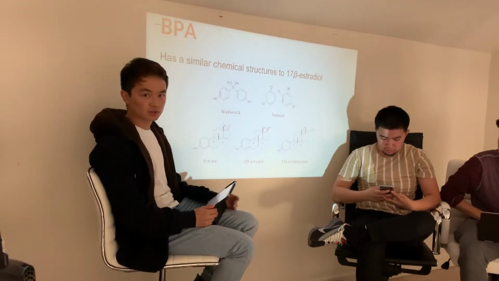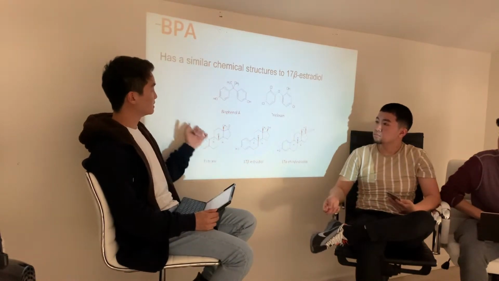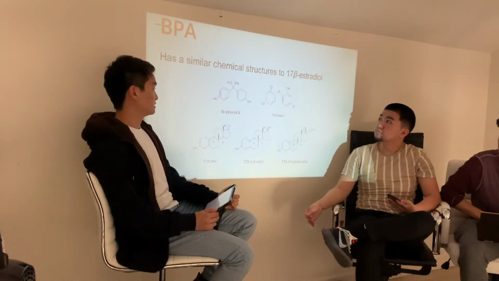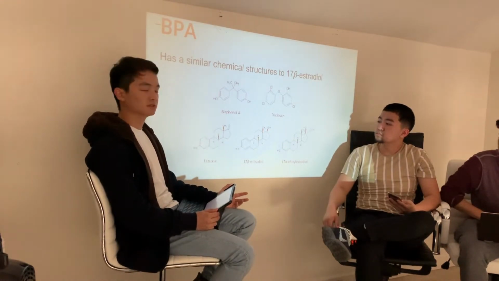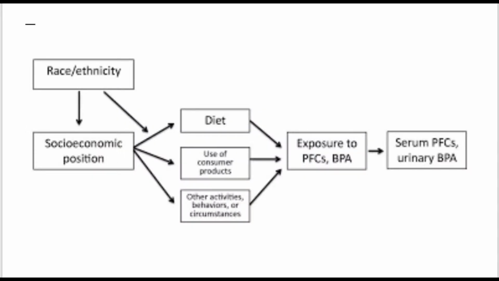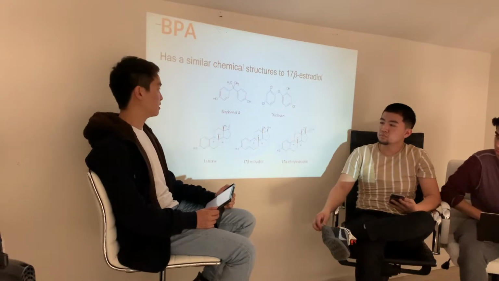And they essentially just work in similar mechanisms on the estrogen receptor. However, it's important to note that BPA does have poor affinity onto these receptors at around 1,000 to 2,000 fold. But regardless, since BPA is constantly in our bodies, there should be concern for how it affects our body.